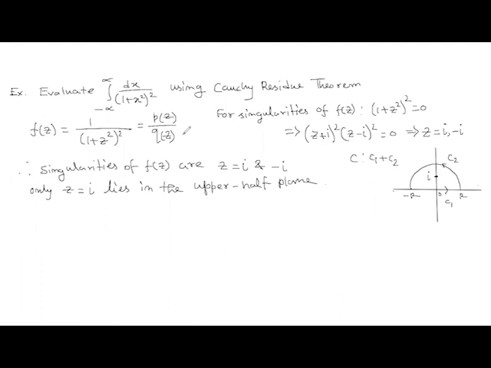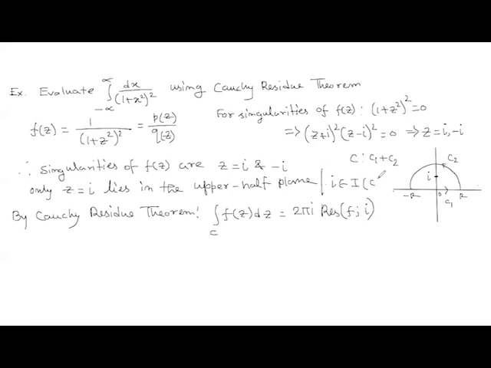If we apply the Cauchy residue theorem, then the integral over C of f(z) dz is equal to 2 pi i times the residue of f at the point i, because there is only one singularity inside C, and the singularity i belongs to the interior of C.